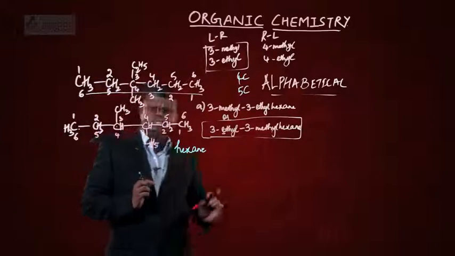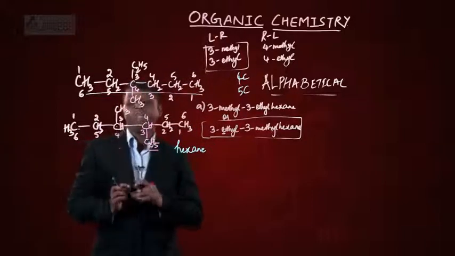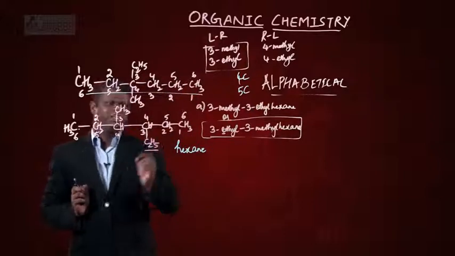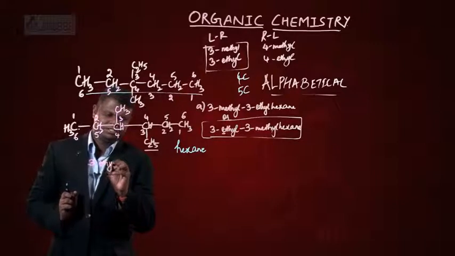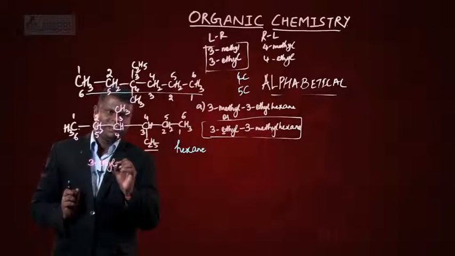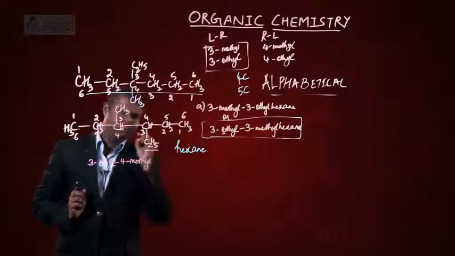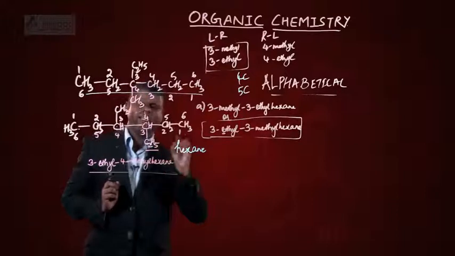I would prefer right to left because the ethyl group is getting the lowest numbering. So now in this case it is going to be 3-ethyl-4-methylhexane. So this is again a simple example.